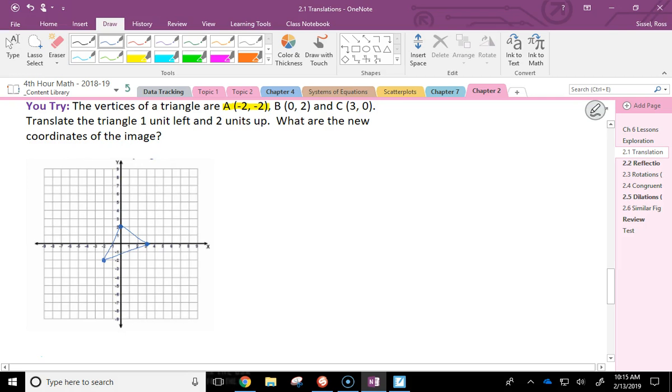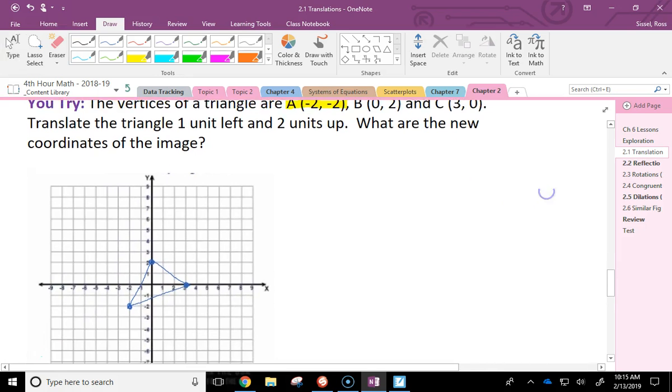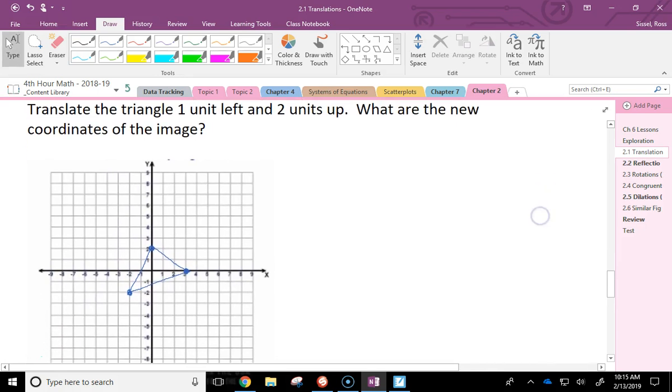Translate the triangle. I want to see if we use either method, what we're wanting to use. Let's go ahead and try this. Translate the triangle 1 unit left and 2 units up. My first thing I would do is pay close attention that I'm going 1 unit left, 2 units up.